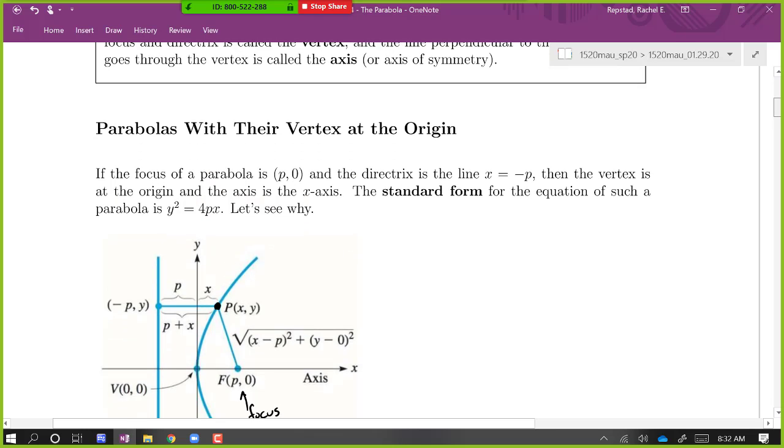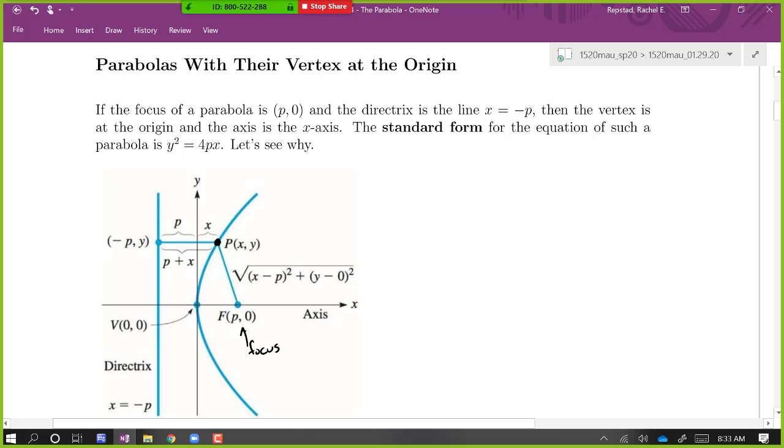So we're going to focus first, no pun intended, with a parabola that has a vertex at the origin. So the vertex of the parabola is just sort of the nose, right? The nose of the parabola. And if the vertex is at the origin, we're going to look first at parabolas that are oriented horizontally.